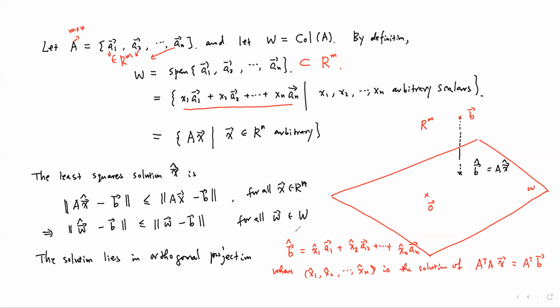The projection point should be W hat. W hat has the smallest distance to B. Actually, this is B projected onto the subspace W.